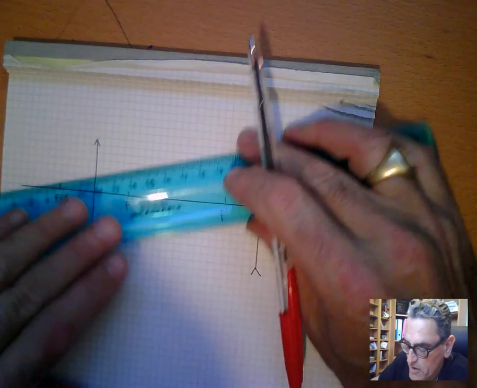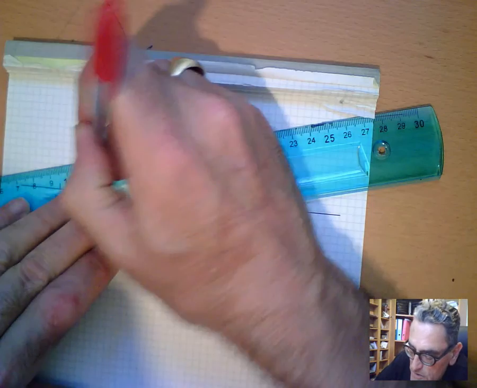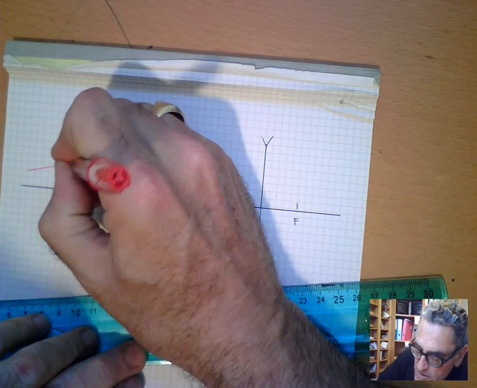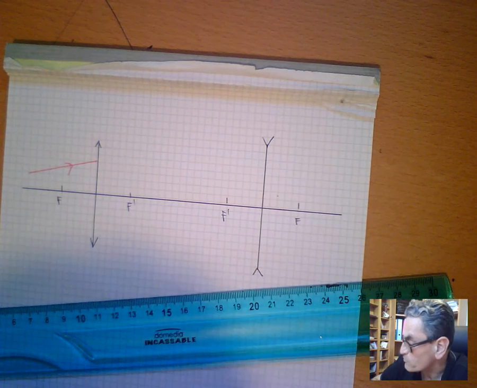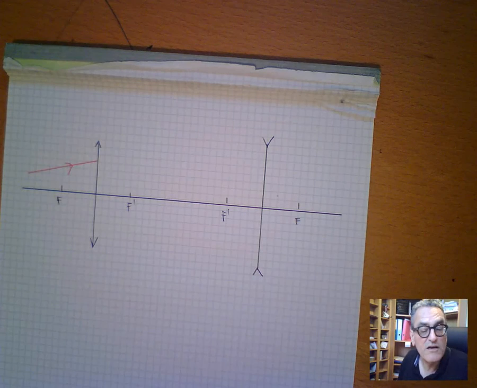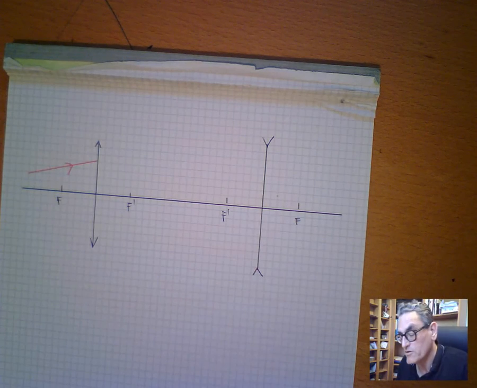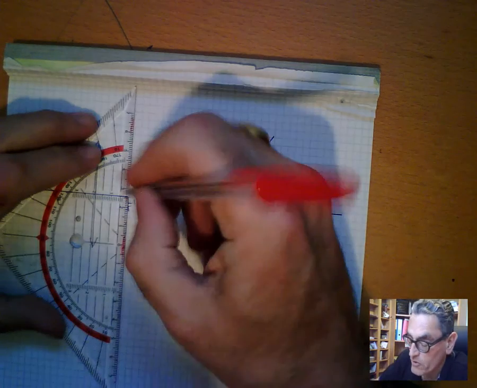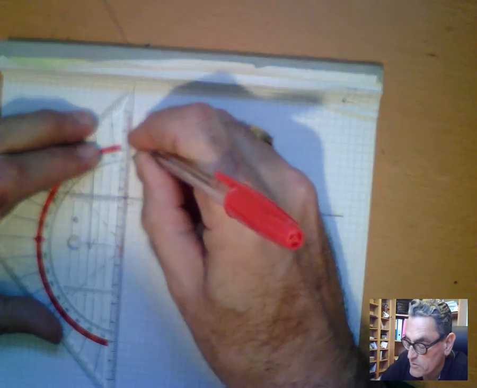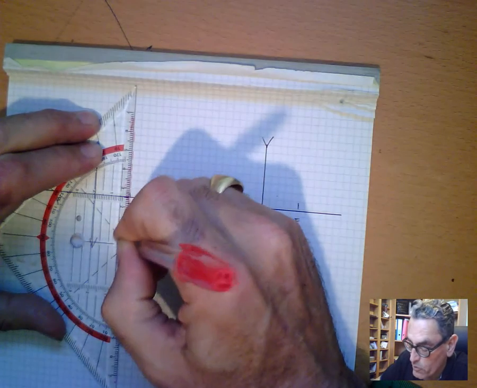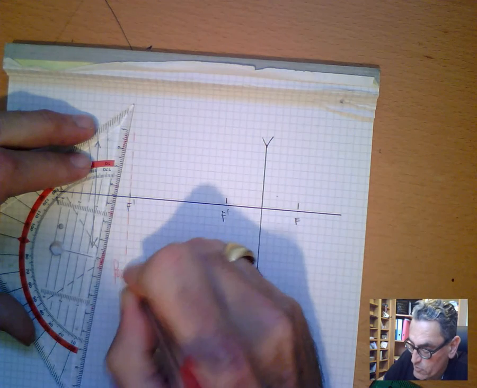If I have a light ray which arrives like this in a convergent lens, the procedure to decide how this light ray is going to leave is the following. You take the image focal point, you draw the focal plane.